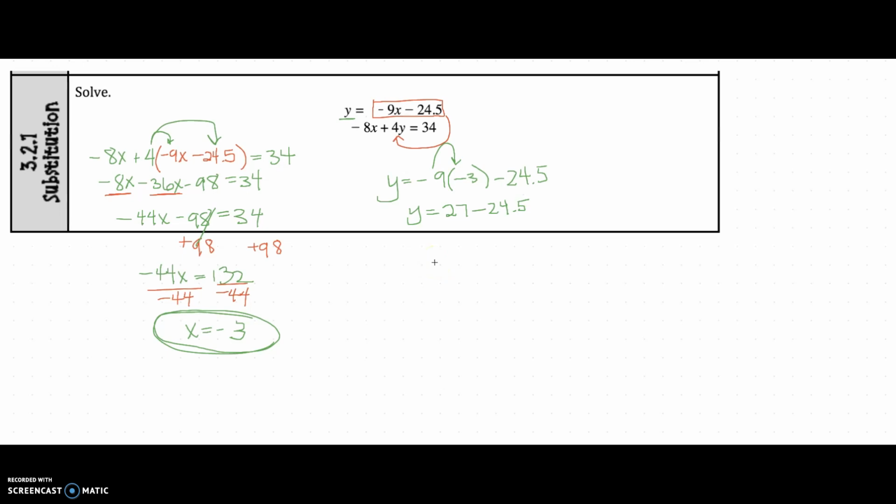And then I just simply subtract at that point to get y equals 2.5. So my final answer, I just want to put those together, is -3, 2.5.